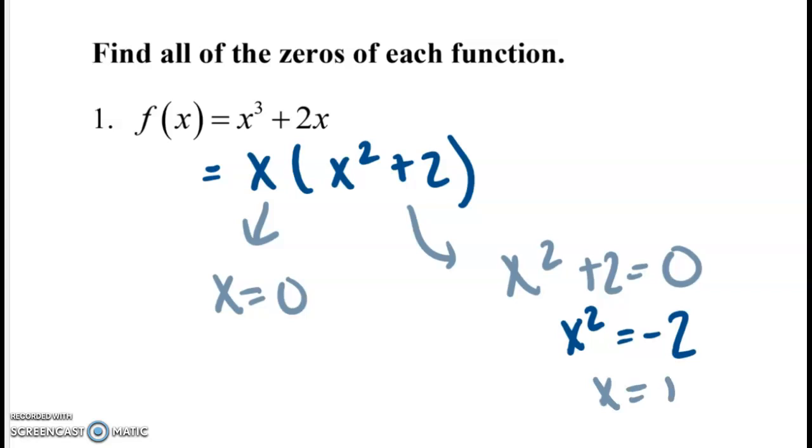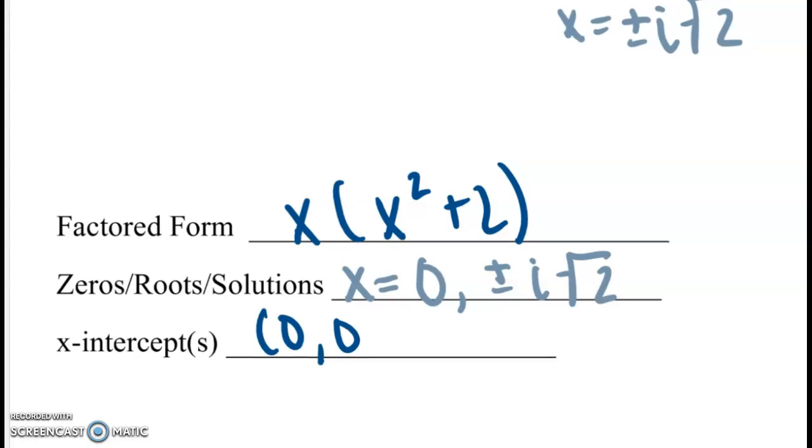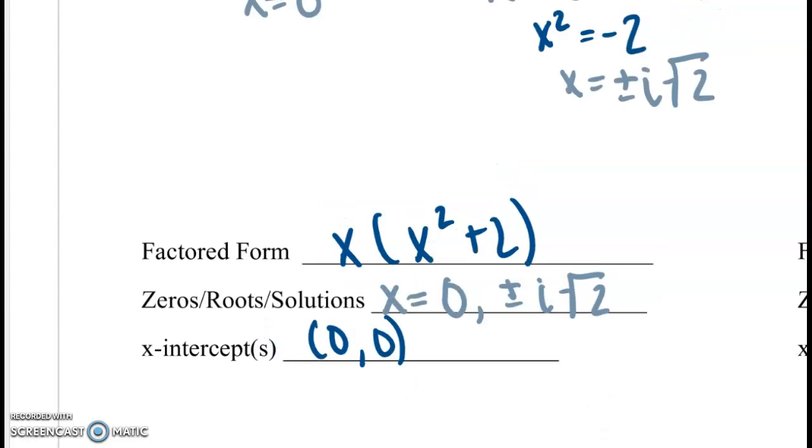So x equals plus or minus i root 2. So there's my 1 solution and my 2 solutions. Now again, for my x-intercepts, my imaginary solutions do not cross the x-axis. So my only x-intercept here is 0, 0. Right, so that should be a review. Now let's flip the page.